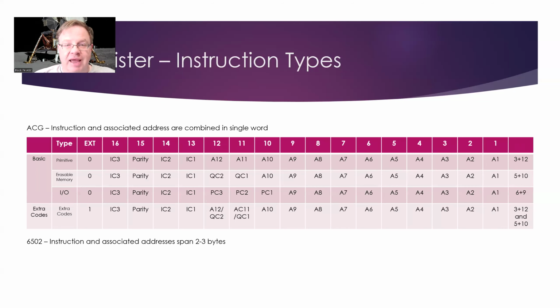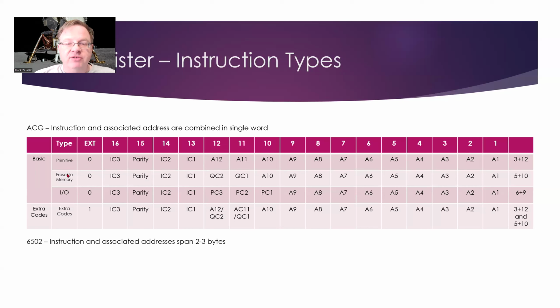So there's only 8 instructions, and that's not enough for the Apollo Guidance Computer. So they have a few different kinds of encoding schemes depending on the types of instructions. These primitive ones, the 8 that can be encoded by these 3 bits, can be applied to any address within the 12-bit memory space.